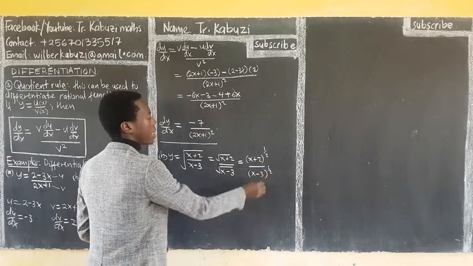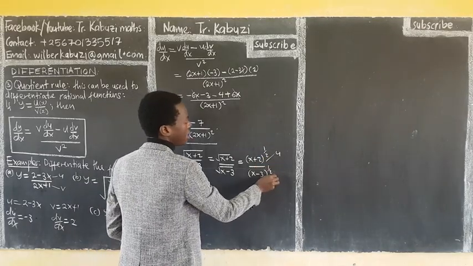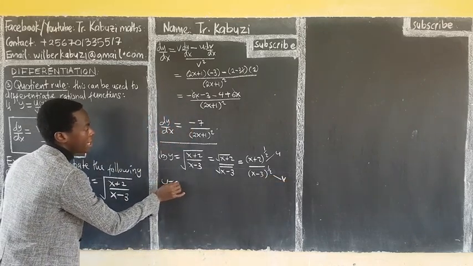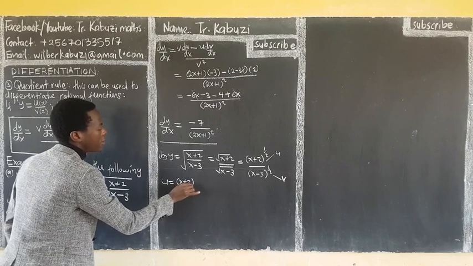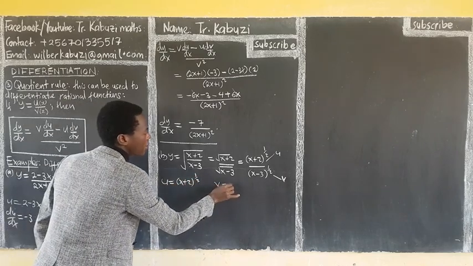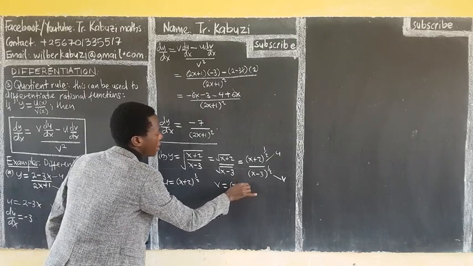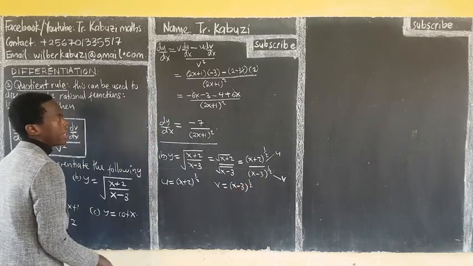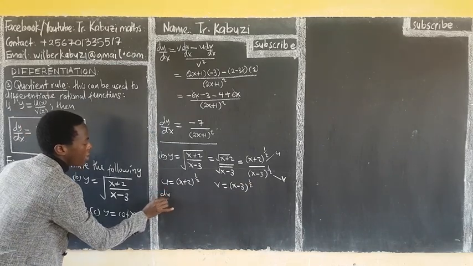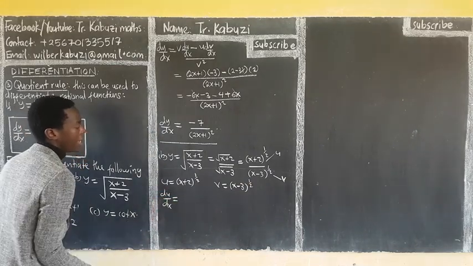The numerator is always a u, the denominator is always a v. Over there, my u is x plus 2 power half, then my v is x minus 3 power a half. So we need du/dx and dv/dx.